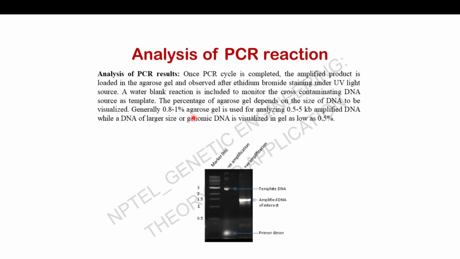Now, if the agarose gel percentage is really low, like 0.5%, that means for really large molecules of DNA, it will have a larger pore size so that the larger DNA molecules can move through the pores and get resolved properly. Okay.